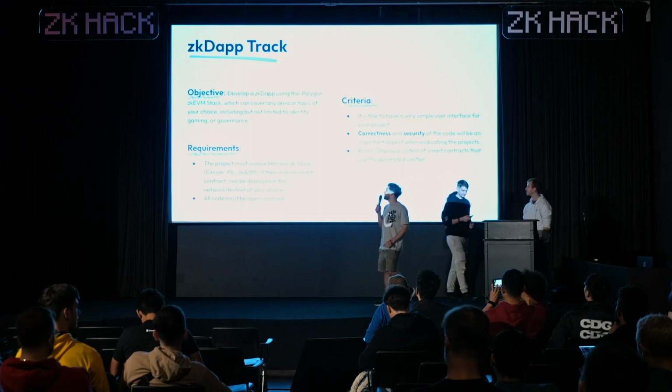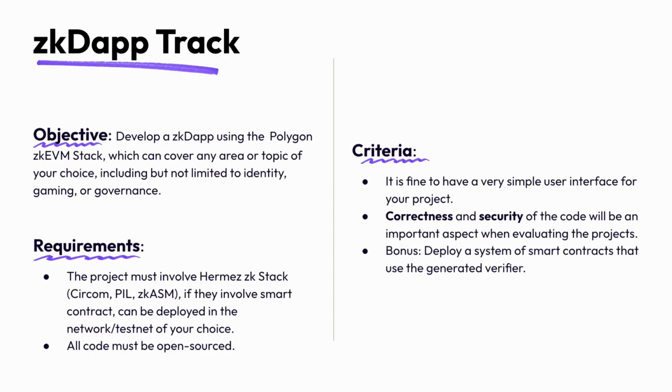Hi again. So the zkEVM track, as I said before, will be using the zkEVM stack, which basically is Circom, PIL, or zkAssembly. Whatever version of these three, it will be okay to use. Well, the idea will be to make a dApp, and if it's complementary with smart contracts, better. So for sure, this will be a bonus.